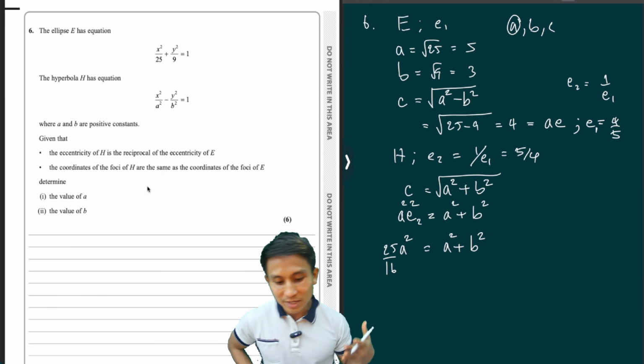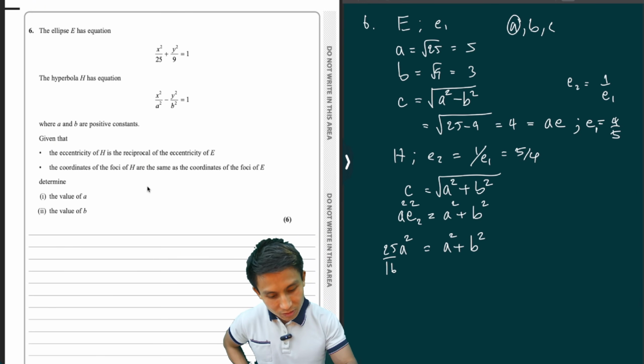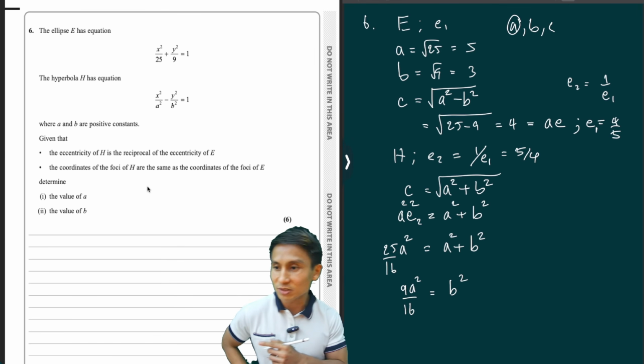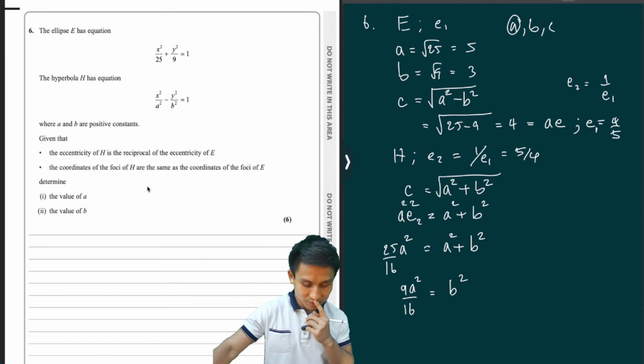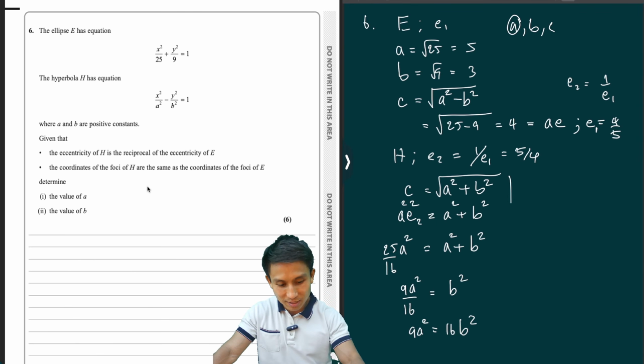Basically here we get a in terms of b for the hyperbola. If we subtract a squared from both sides, we get 9a squared over 16 equals b squared, just subtracting 16 over 16 a squared from the left side. So that's 9a squared equals 16b squared. We're going to come back to that.